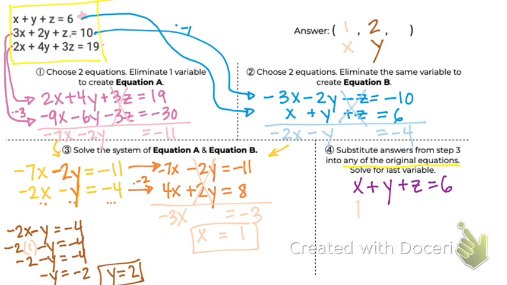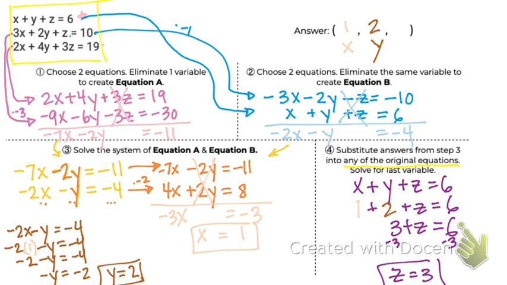Instead of y, I'm going to put 2. And then I'm going to solve that for z. So this is 3 plus z equals 6. So what does z equal? If we subtract 3 from both sides, we see that z equals 3. So our last part of our coordinate is our z. So our answer is the coordinate 1, 2, 3.